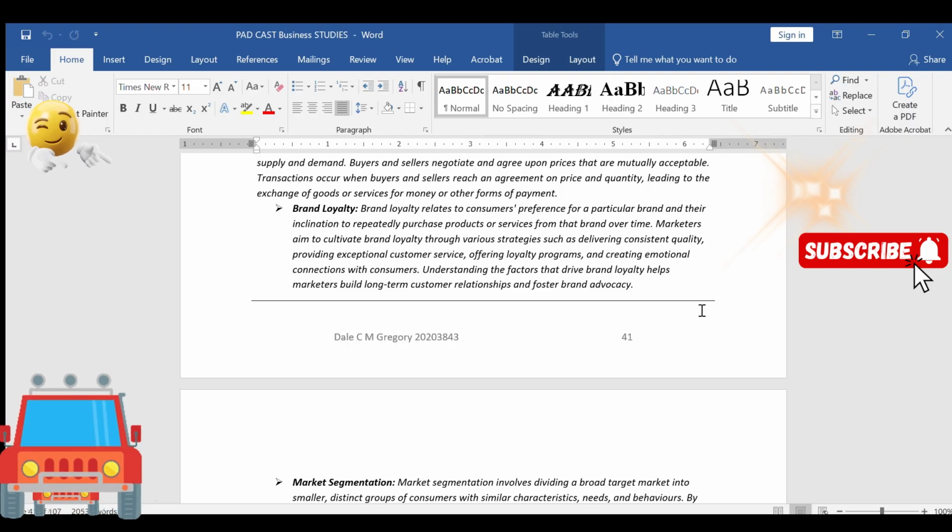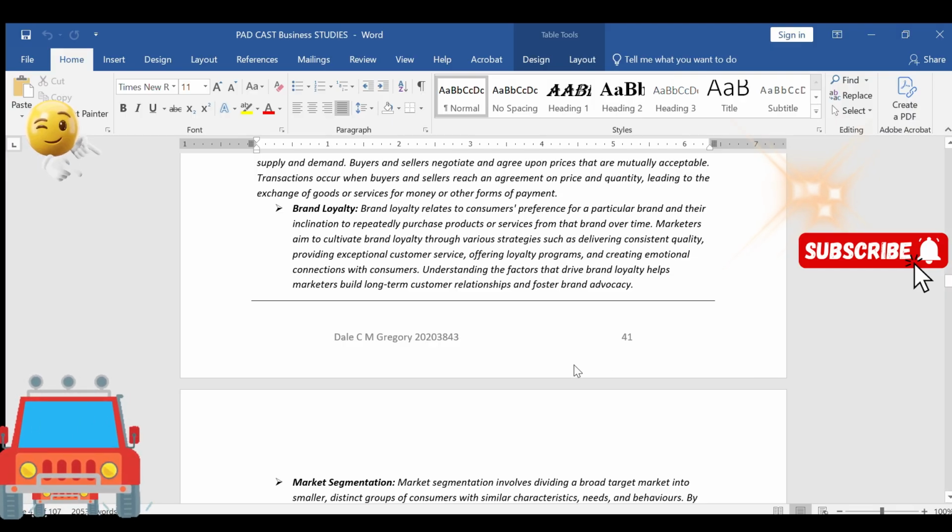Marketers aim to cultivate brand loyalty through various strategies such as delivering consistent quality, providing exceptional customer service, offering loyalty programs, and creating emotional connections with consumers.